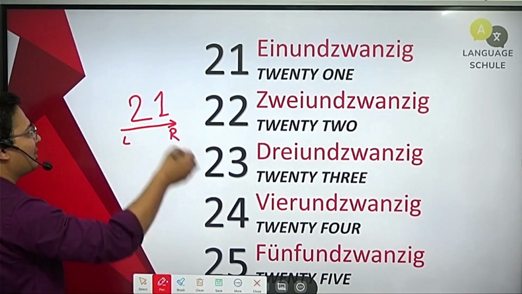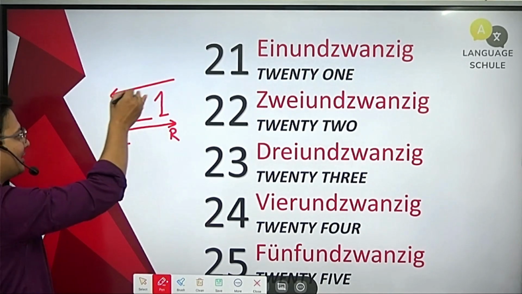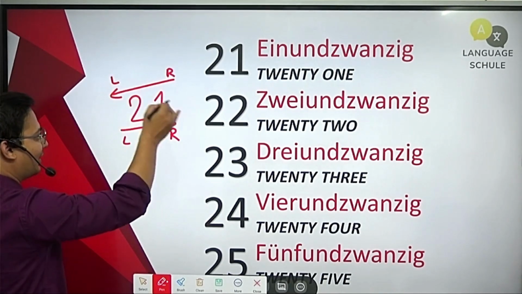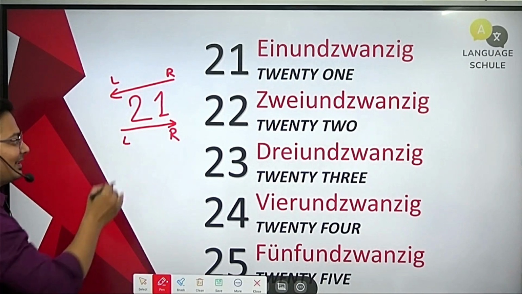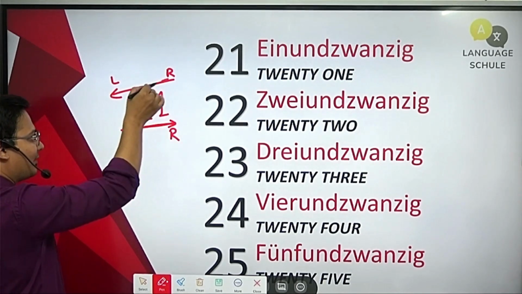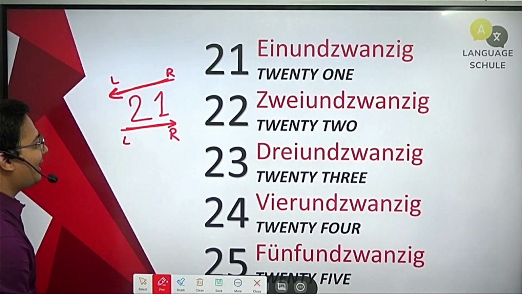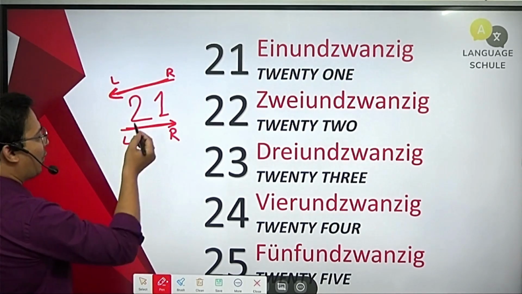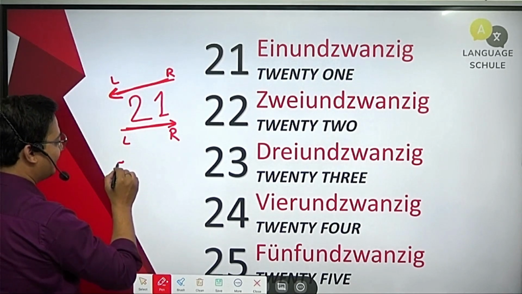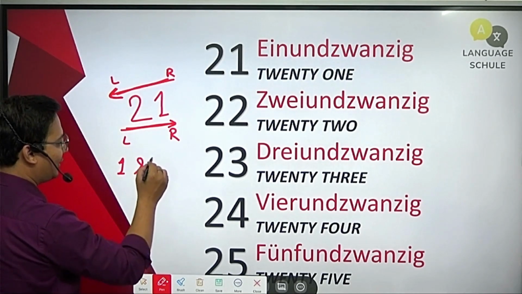In German we read from right to left. 1 and 20. In English we say 21, in German we say 1 and 20.